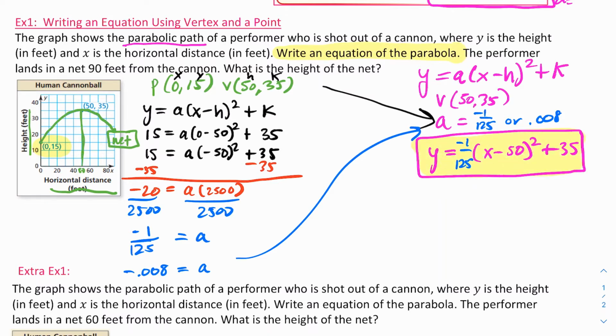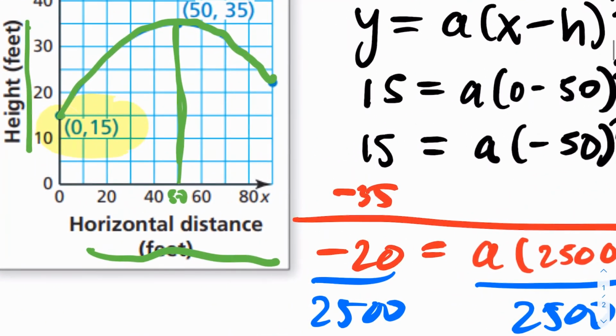The second part says, how high is the net? If we want to know how high the net is, then we need to figure out, because the x is 90 where the net is. Let me erase what's here so you can see the numbers down here: 0, 10, 20, 30, 40, 50, 60, 70, 80, and 90.